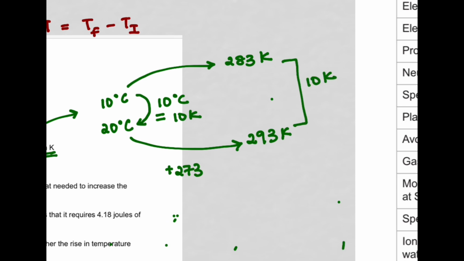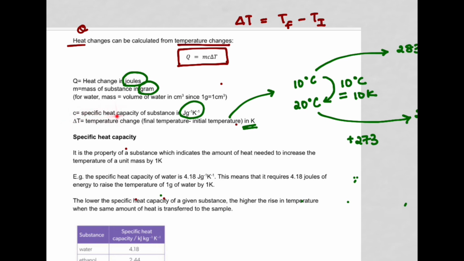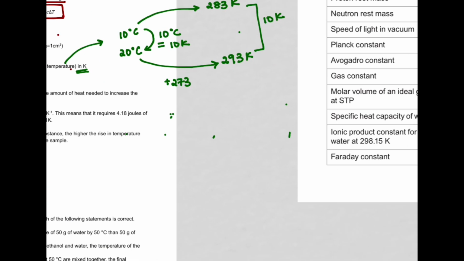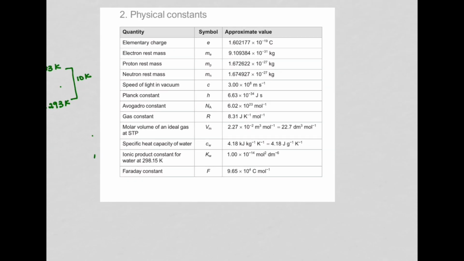So, change in temperature, whether it is in degrees Celsius or Kelvin, will be the same. Now, the specific heat capacity of a substance, generally you'll be using that of water, which is given in section 2 of the data booklet.